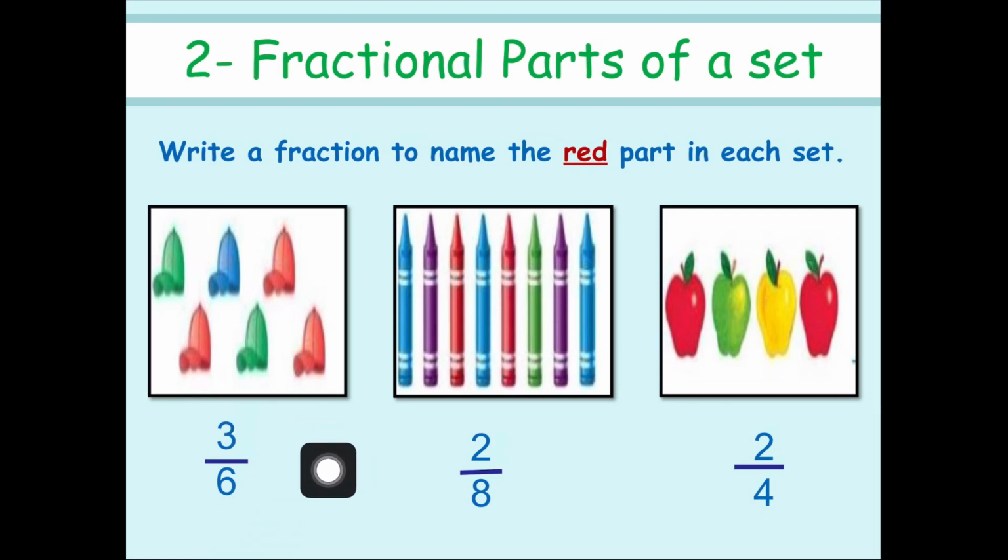And on top, for my numerator, I will write down how many are red. And it looks like 1, 2, 3 are red. So 3/6 are red. Next, for my crayons, my total number is 8, and only 2 of them are red. So 2/8 are red. And over here, my 4 apples, 2 of them are red, so that's 2/4.